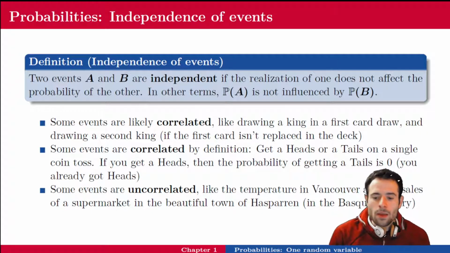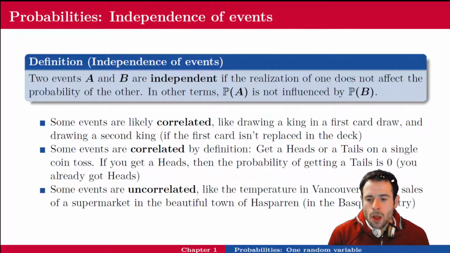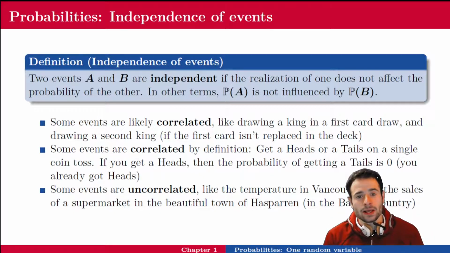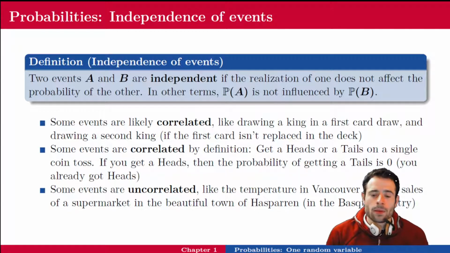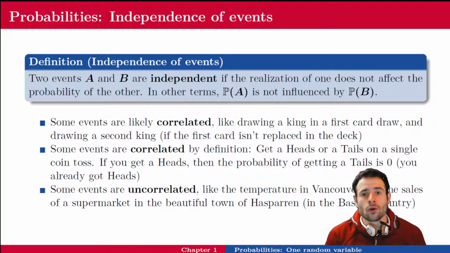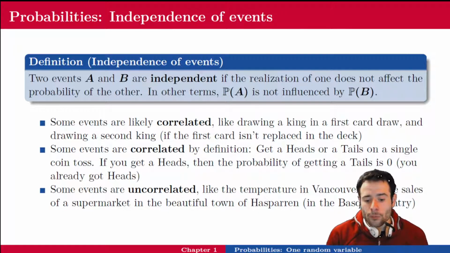Now, maybe if I talk about Burnaby instead of Asparin, there could be some kind of relationship, because the temperature in Vancouver might have an impact on the crops in the area or on the returns of fishing.